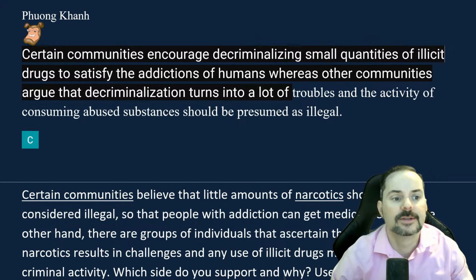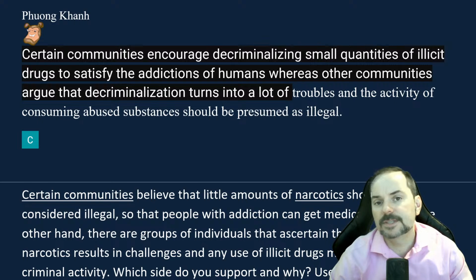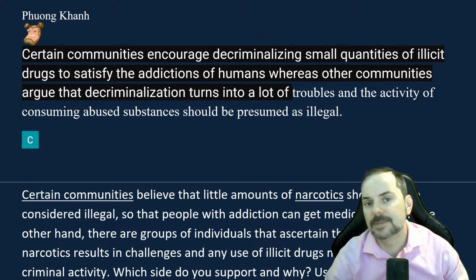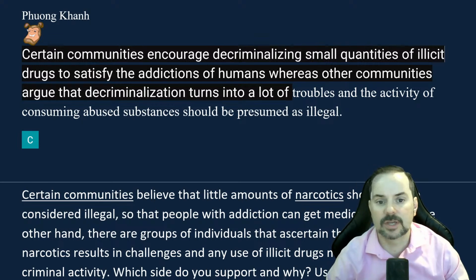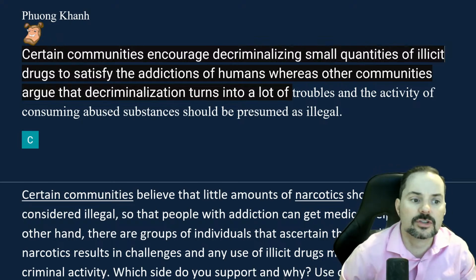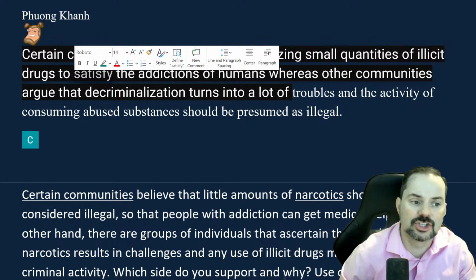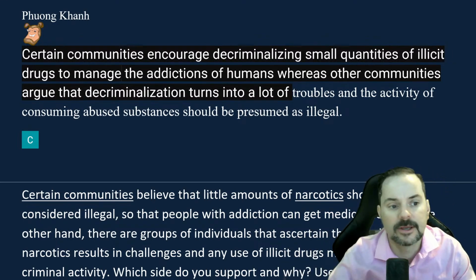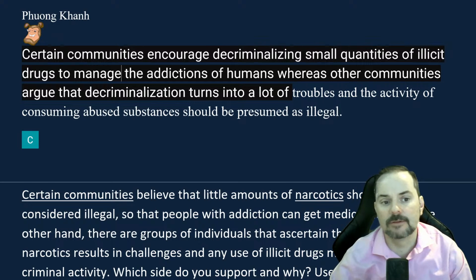Illicit drugs to satisfy the addictions of humans. I don't know if it's to satisfy. So Fong, you have to be careful about content here. It's not about satisfying the addictions. It's about helping those addictions. So decriminalizing small quantities of illicit drugs to manage. If you want to express that idea a little bit more accurately, manage the addictions of some humans.